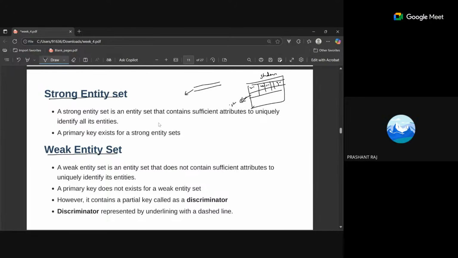Okay, sir, so a row is an entity and the complete table is the entity set. Yeah.